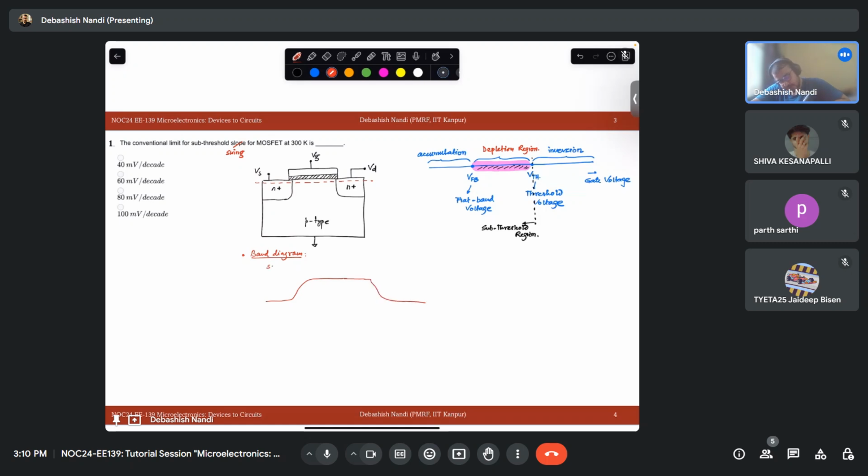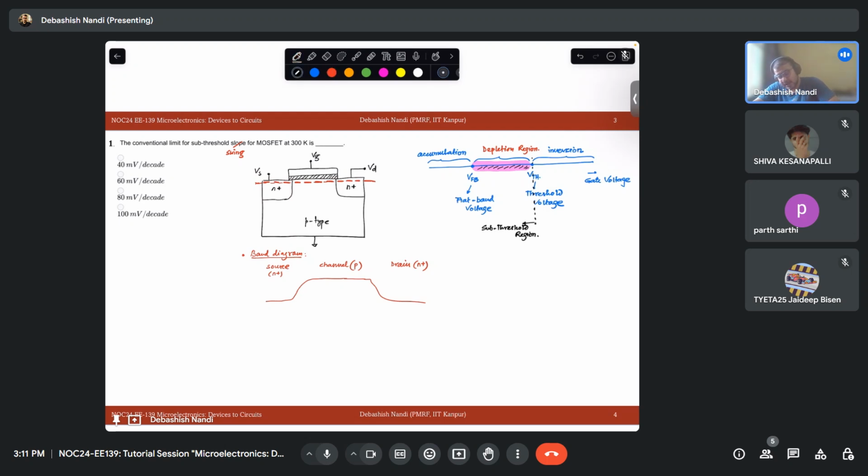This is your source, that is your N plus, this is your channel, that is your P type, and this is your drain, that is your N plus. So it is two N plus P junctions back to back. I am drawing the band diagram along this line, just at the interface.